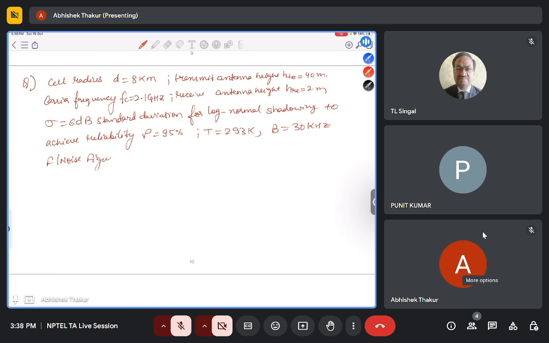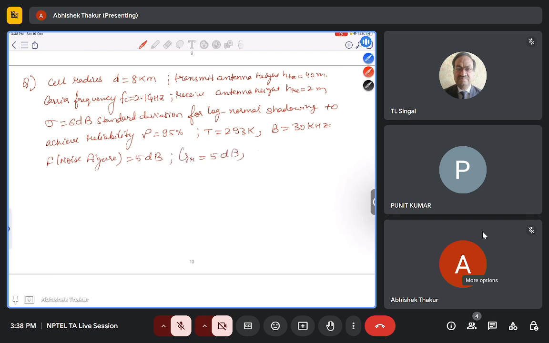So there will be lots of values given in the link budget problem. Receive antenna gain is given as 5 dB.